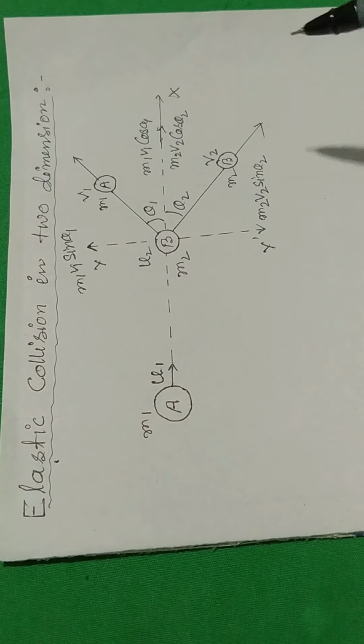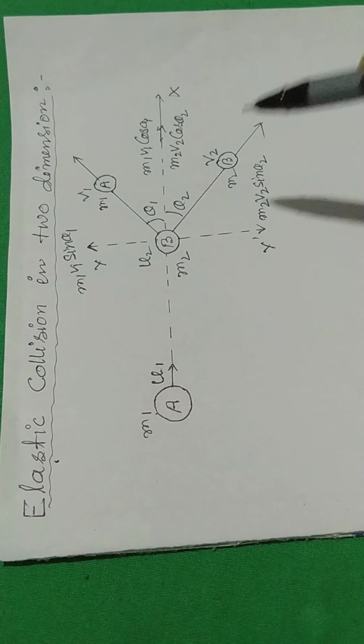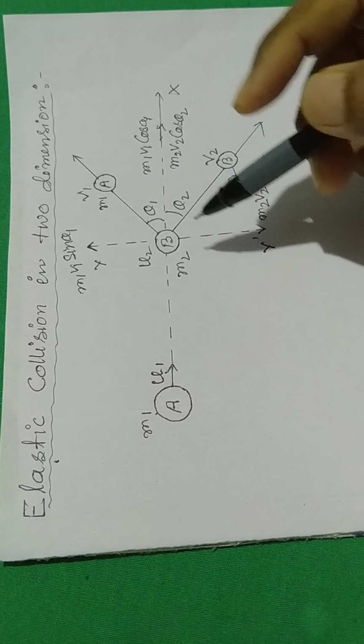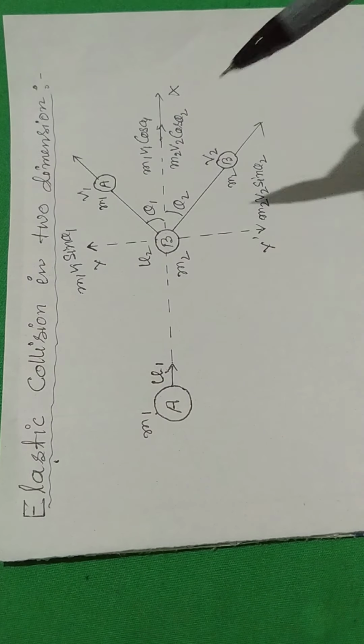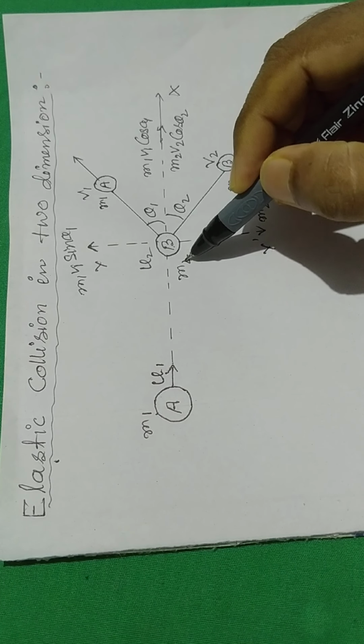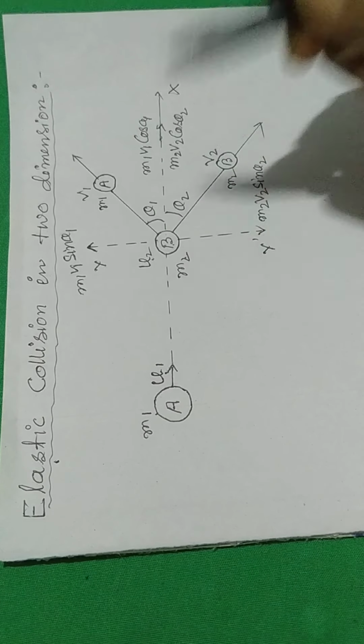So consider a body of mass m1 moving with initial velocity u1 along the x direction and colliding with another body of mass m2 moving with initial velocity u2.